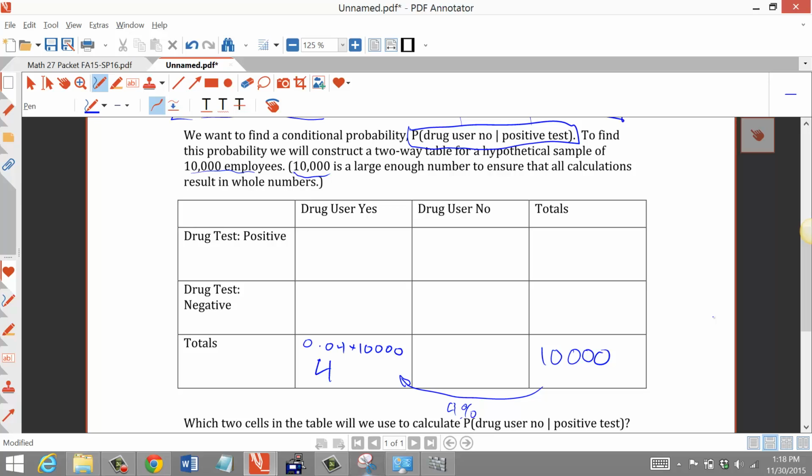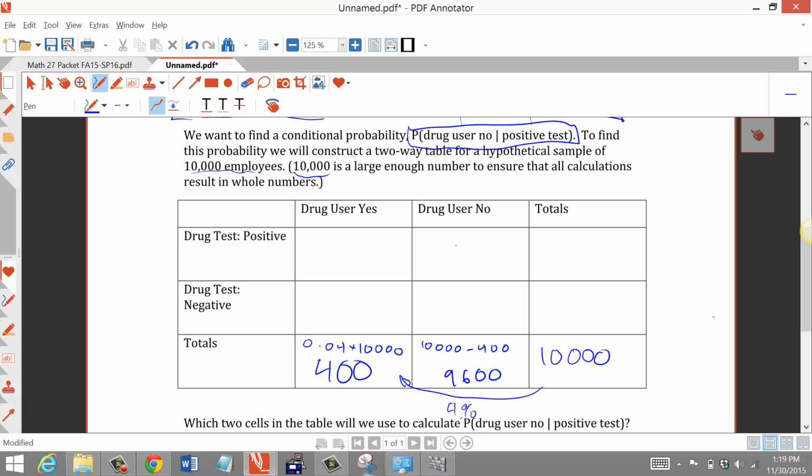And then I get 400 as the total number of drug users. And then you're just subtracting to get the rest of them, because it's 10,000 minus these 400 are the non-drug users. So that's going to be 9,600 non-drug users.